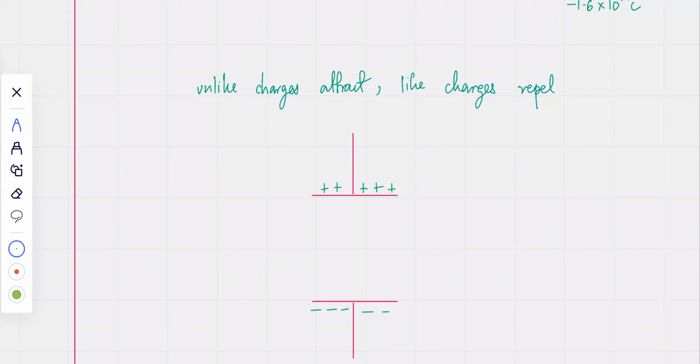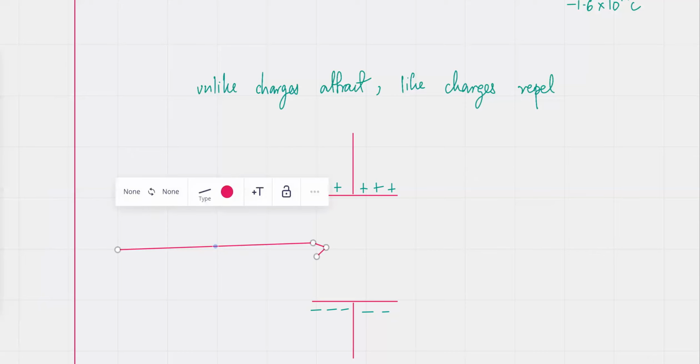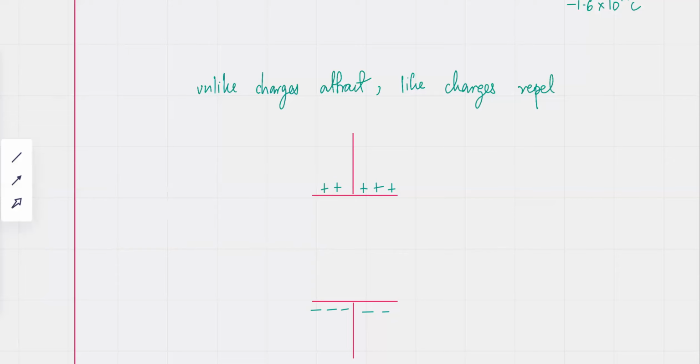And there's a beam of particles, and that beam of particles is traveling through these two plates.